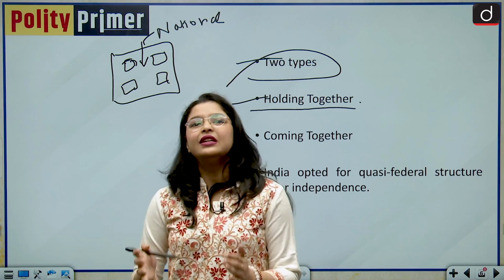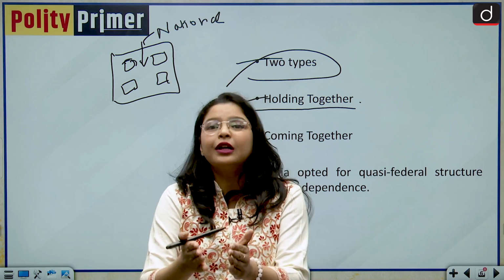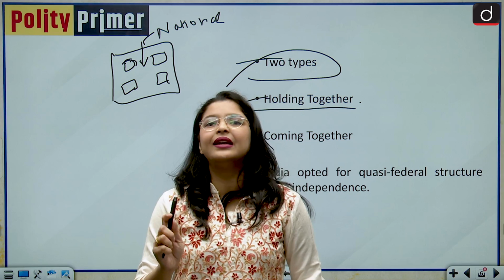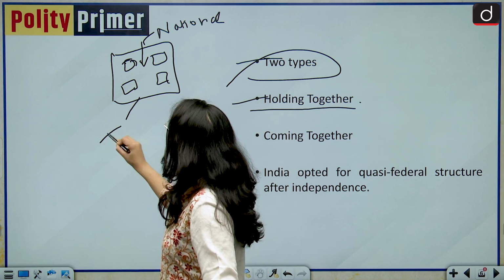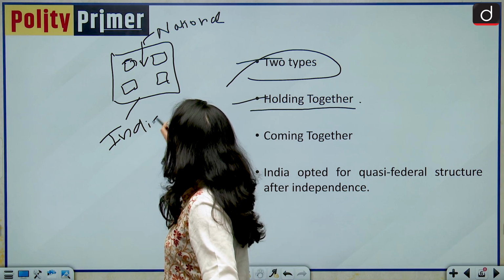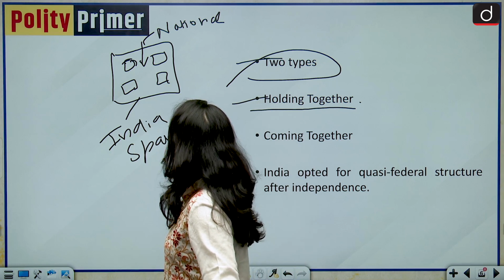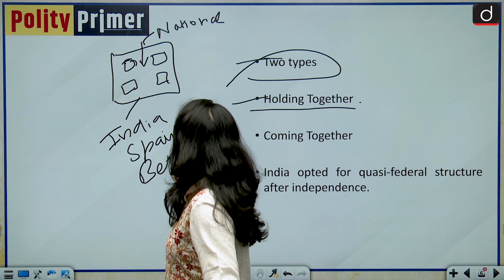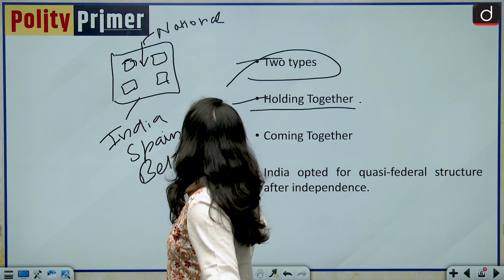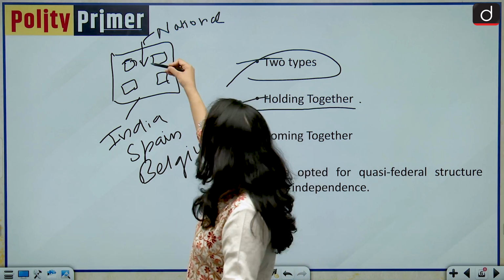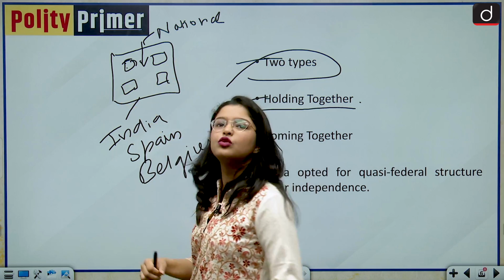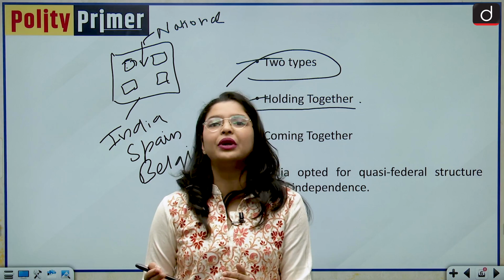So these constituent units are held together by this one integrated national unit, and examples of holding together federalism are India, Spain and Belgium. So what happens in holding together federalism? The powers are definitely divided between these constituent units and the main unit, okay.